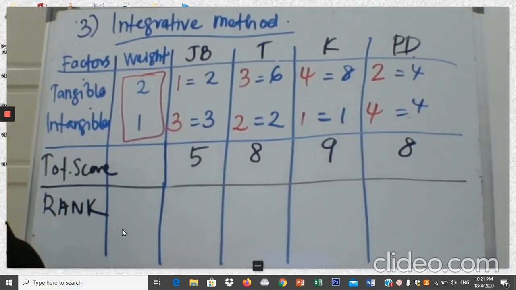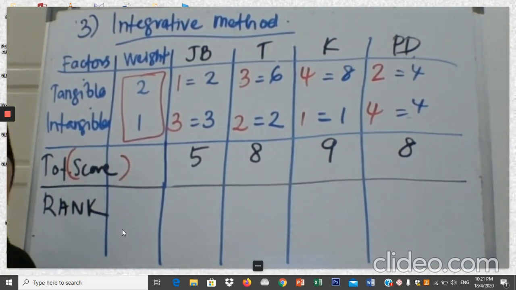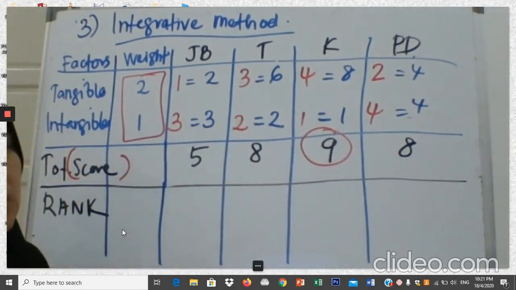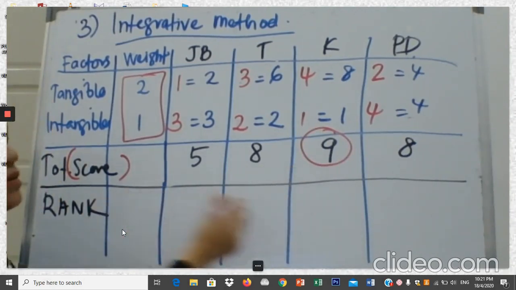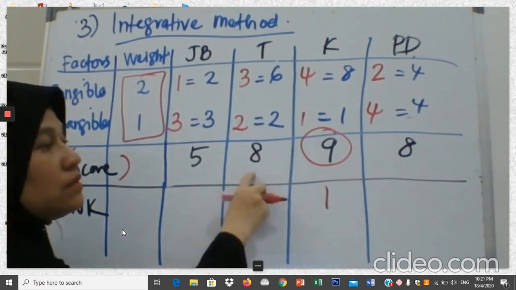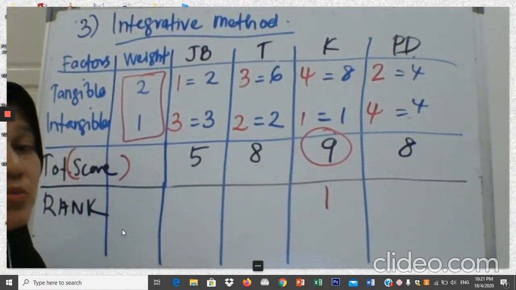Then from here we find which one is the best score. We are using the score over here, so the highest is the best. So 9 is the best total score. So for this one, we assign the rank. This should be given rank 1. These 2 locations have the same total score, so you must be fair.